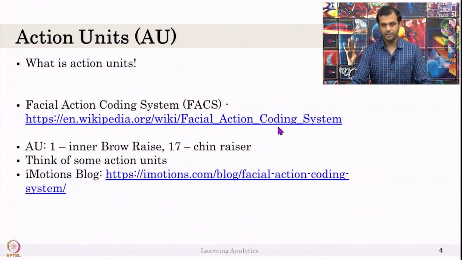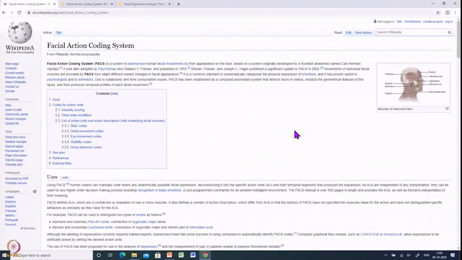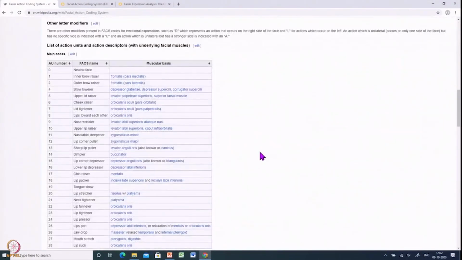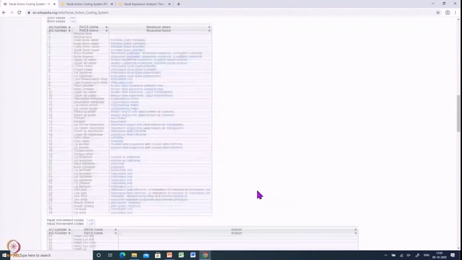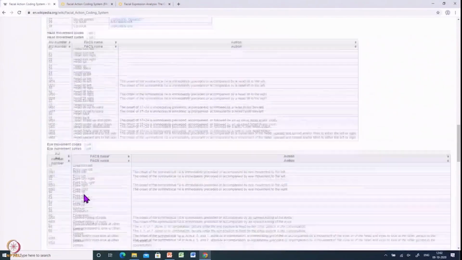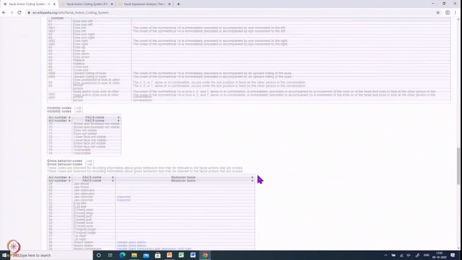Let us see that in detail. If you check that link, it is a Wikipedia link, you will see there are 28 main AU codes, and there are many more codes based on head movements, eye movements, and visibility.